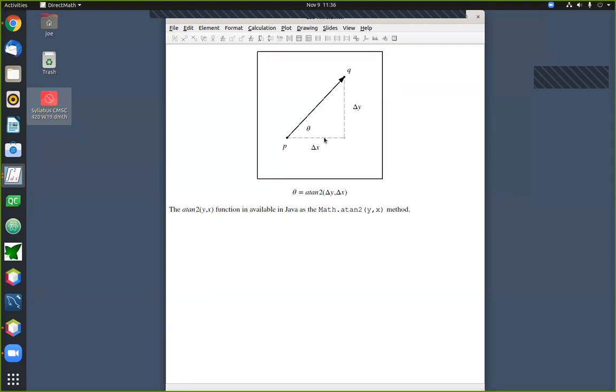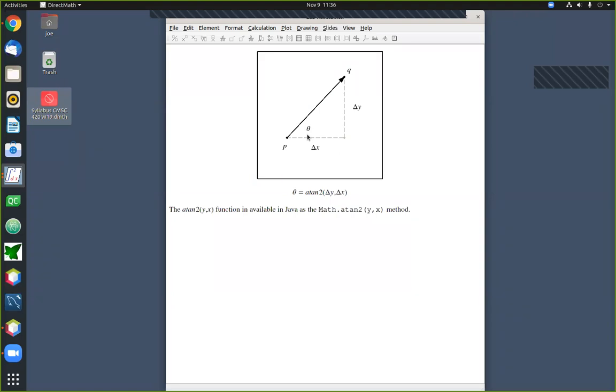It's called a polar angle. And the angle is the angle that you get if you drew a line from the reference point to the other point, and then just measured the angle between that line and the x-axis in the coordinate system, right? So that gives you an angle theta that shows up right here in the picture. And that is the angle we're going to be working with. It's called a polar angle.